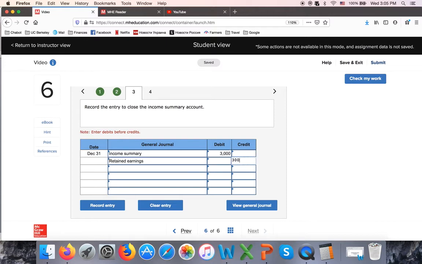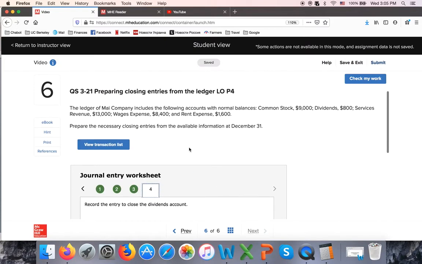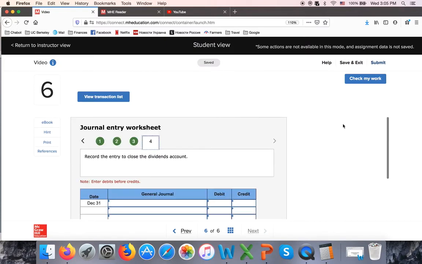Again, do not touch common stock or anything else. It's the difference between the first and second step. It's net income, right? So it has to increase retained earnings. How do we increase retained earnings? It's minus plus. We credit them. Record. And the last one is dividends. So my dividends here are $800.